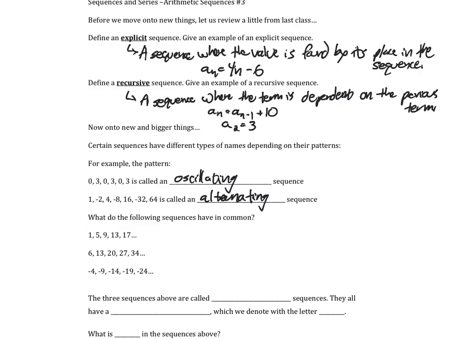If you look at that first sequence, you'll notice every single one increases by 4. In the middle one, every one increases by 7. And in the last one, every one decreases by 5.